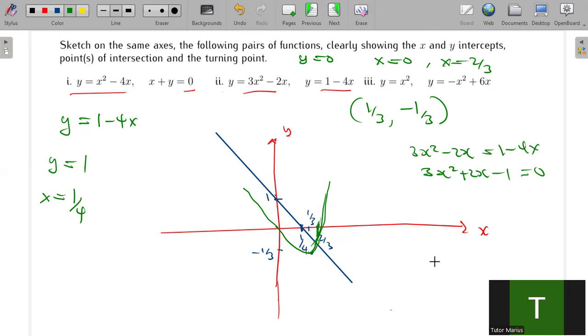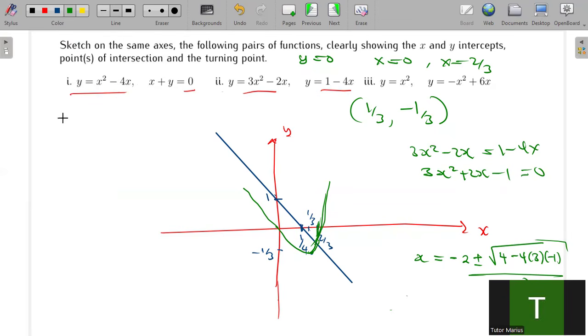So quickly, I'm just going to use the formula, which is negative b, which is just 2, plus minus the square root of b squared, which is 4 because b there is 2, and then minus 4, our a is 3 and our c is negative 1, then over 2a, which is 6. So you have negative 2 plus minus the square root of 4 plus 12, when you multiply that gives 12, over 6. 4 plus 12 gives us 16, over 6.